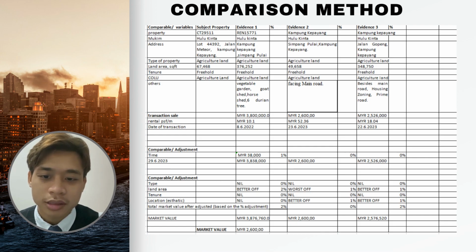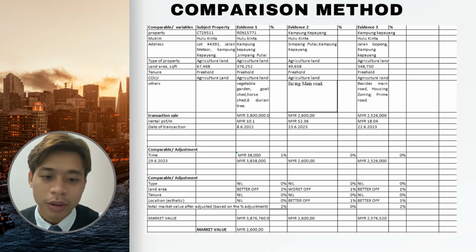Then we adjusted the price of the property using the latest information and assumptions by referring to the date of the information given. For example, for property evidence 1, we assume it rose 1% this year, and then we adjusted the price.